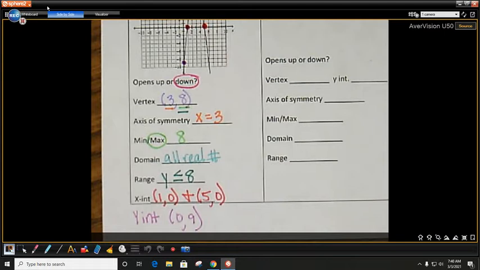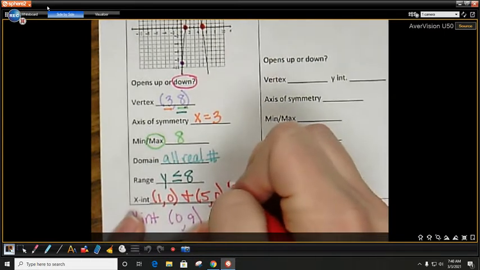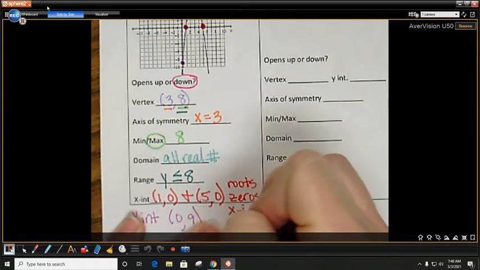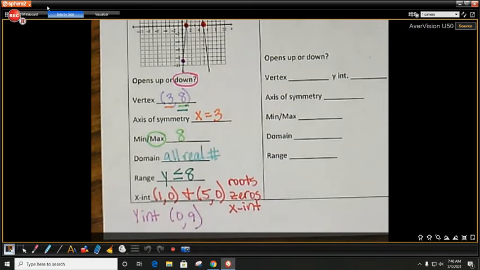Other words you can use for x-intercept are roots, zeros, and x-intercepts. All of those mean the same exact thing, where the parabola hits the x-axis. Okay, so that is identifying our attributes from equations and from graphs.